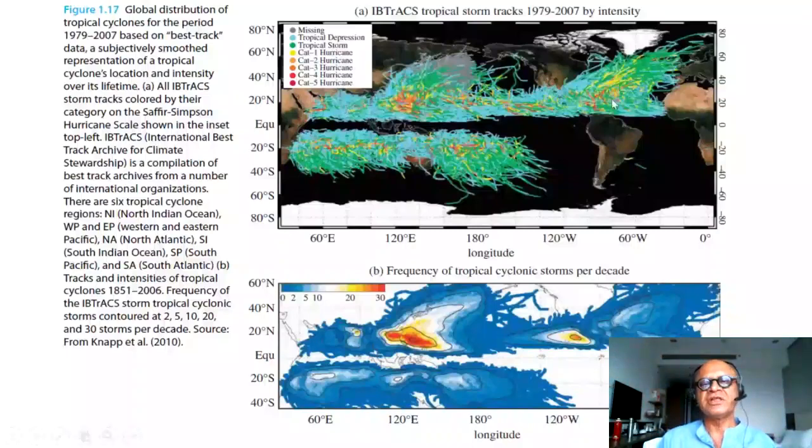And there are these locations where the cyclogenesis, or the seedlings being put by the system, which is closely related to convection in the atmosphere, happens. Of course, we heard about hurricanes in the Atlantic, typhoons in the Pacific Ocean, and cyclones in the Indian Ocean.